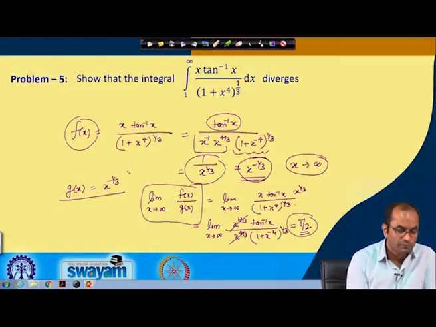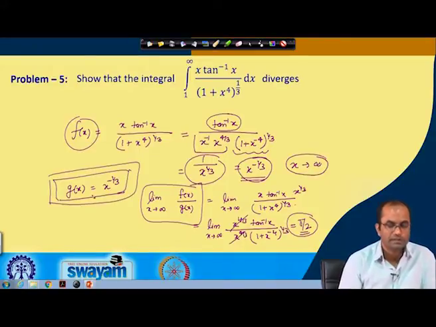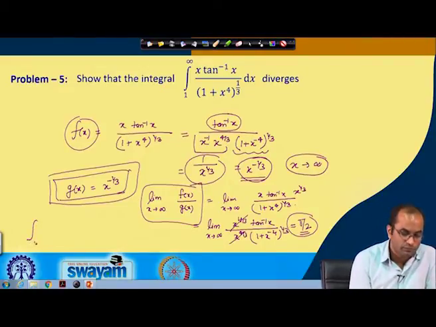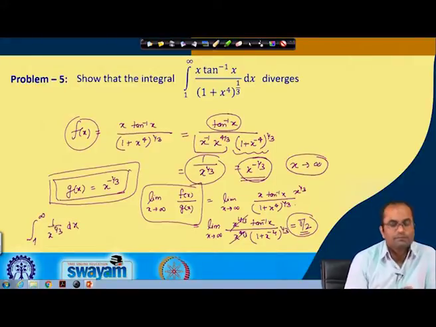the conclusion is that both integrals, the integral over f and the integral over g, behave the same. We know that the integral from 1 to infinity of 1 over x to the power 1 by 3 dx has p, the power, less than 1, so this integral will diverge.